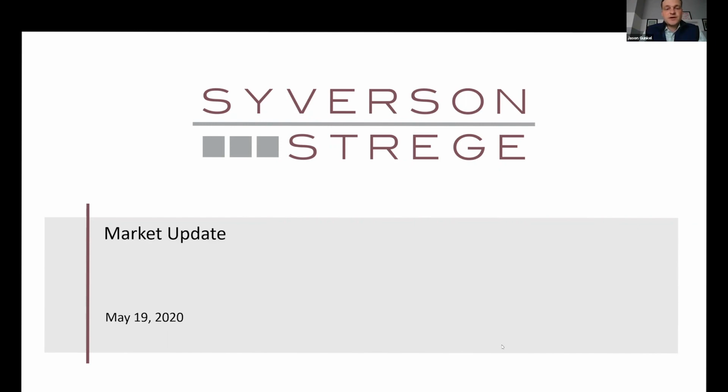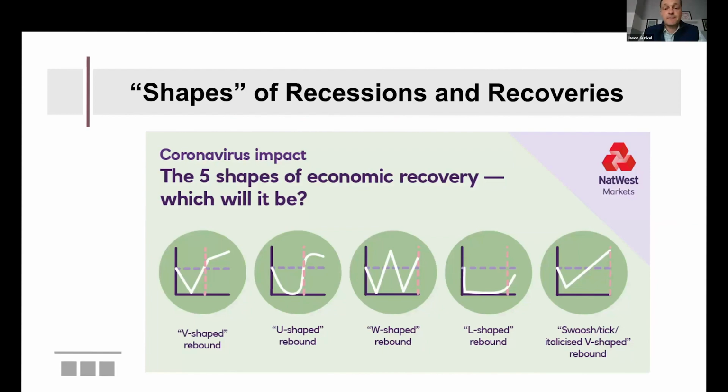Let me show you a slide here that shows some different shapes of an economic downturn and a recovery, which just refers to the shape of the graph as we look at economic growth. And as we have a recession, of course, the economic growth will decline. And then as the economy recovers, growth or GDP growth will increase. So here's 5 common shapes.